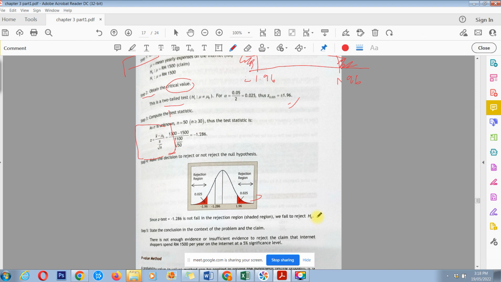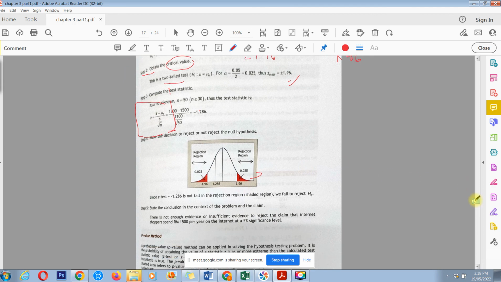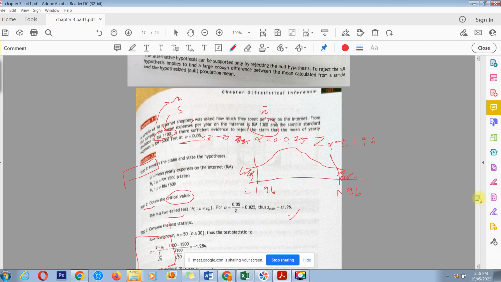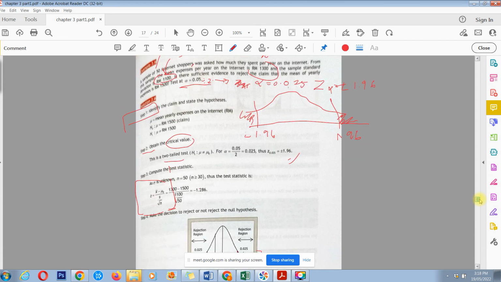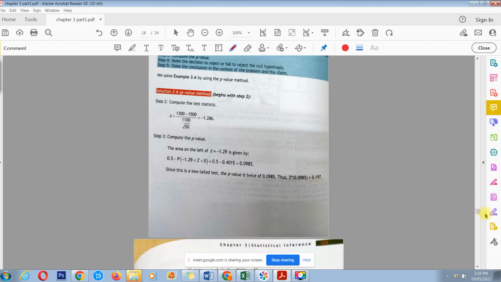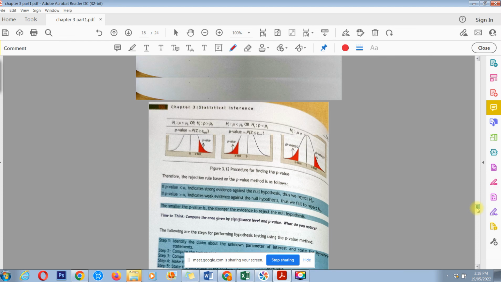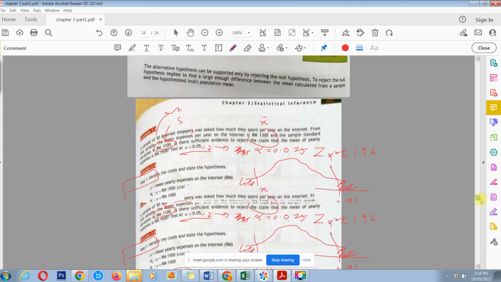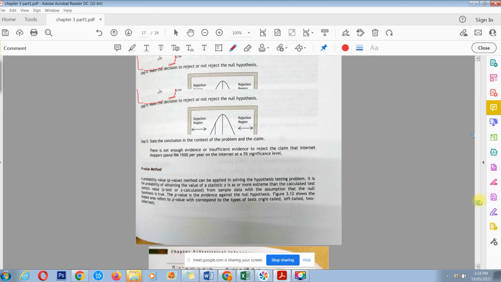we accept H null. So we conclude that we just copy the H1, our claim from before. What is our claim? The yearly mean expense on the internet is 1,500.